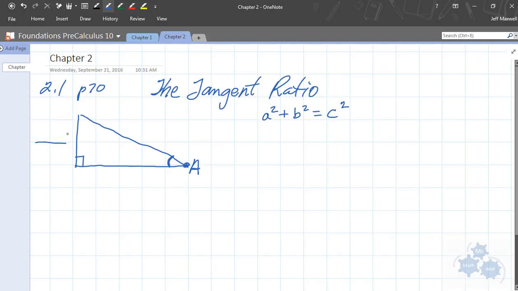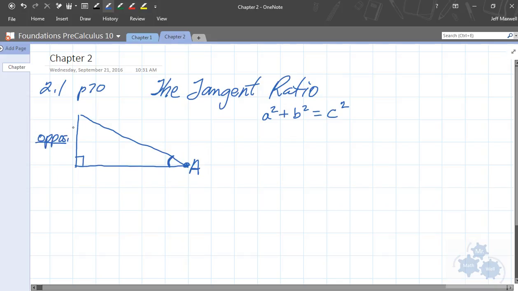Oblique? Not quite, but good guess. There is a word that's like that, though. This one is opposite. Why is this the opposite side? Because if you draw a line straight through the middle of angle A, you hit the opposite side. Does that make sense?